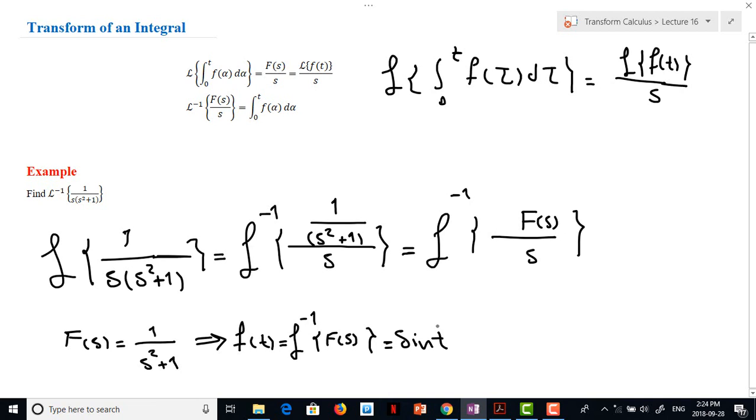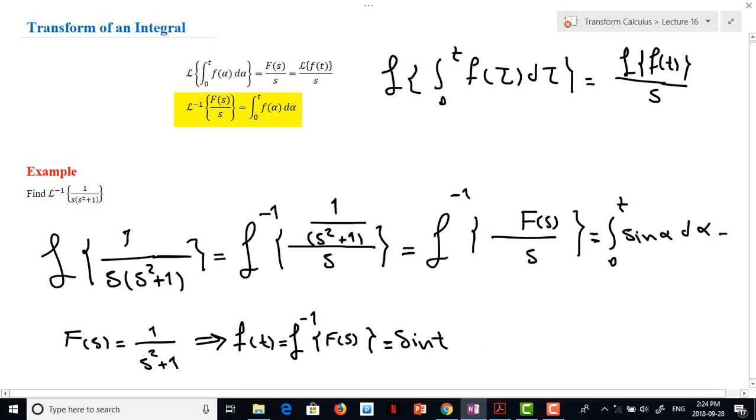As a result, the Laplace inverse of F(s) over s, based on the definition of transform of an integral, is equal to the integral from 0 to t of f(alpha). f(t) is sine t, so f(alpha) is sine alpha d alpha.